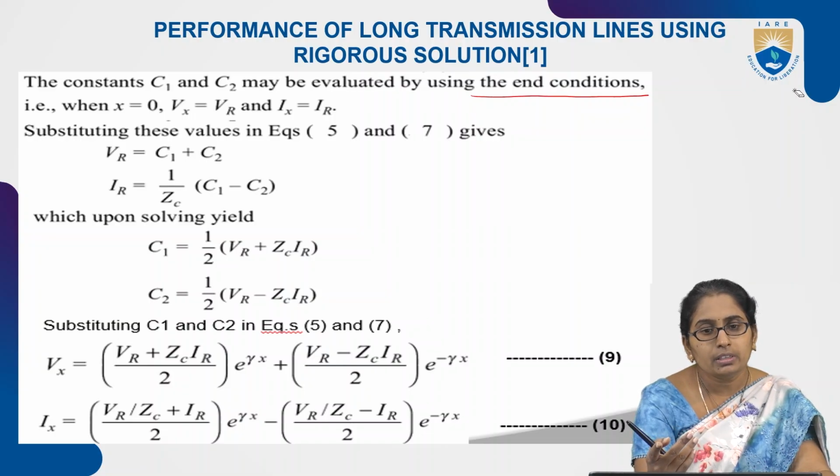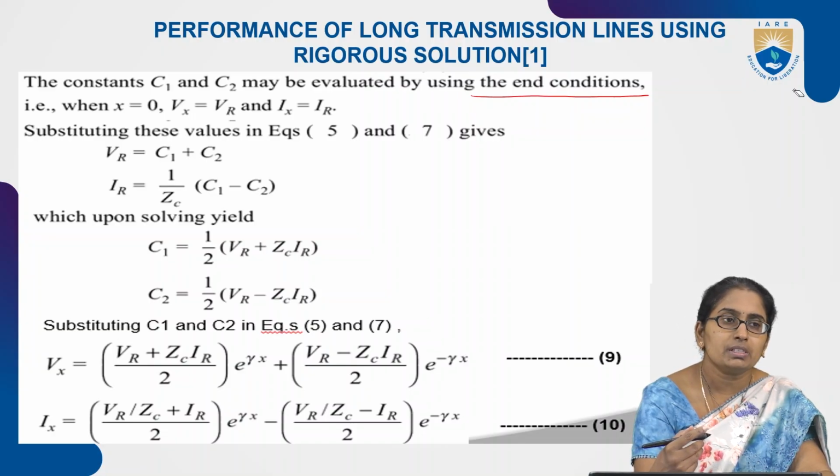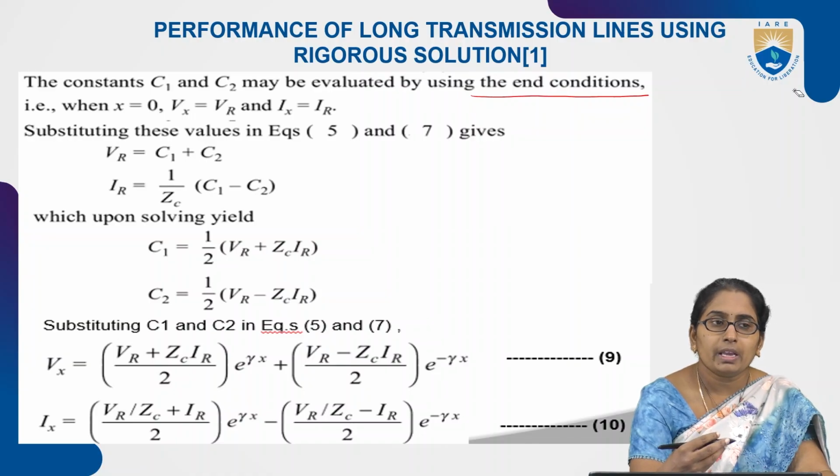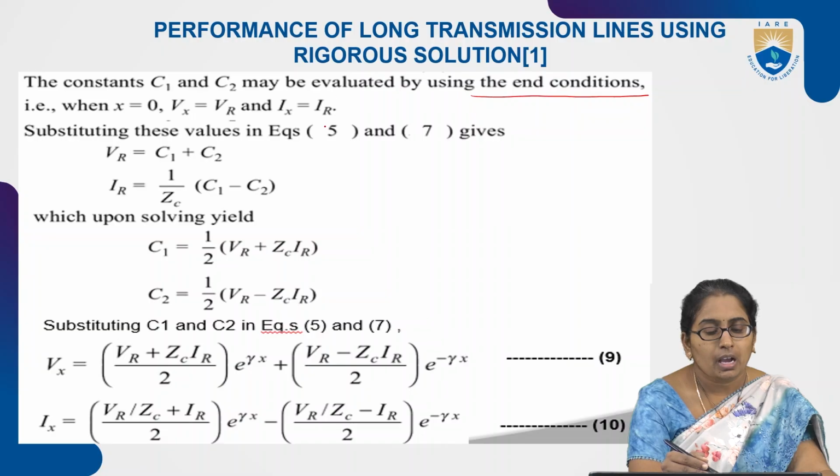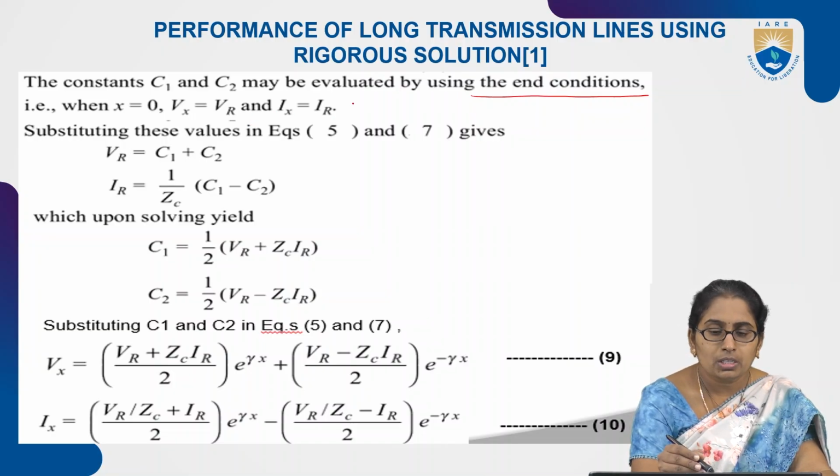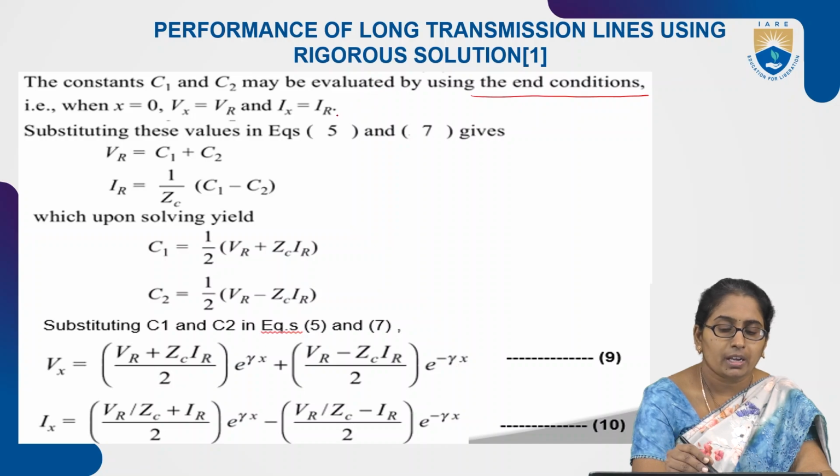We have taken the receiving end as the reference, and x is a distance from the receiving end. So when x is 0, V is VR and current is IR. That means Vx is equal to receiving end voltage VR and Ix is equal to receiving end current IR.